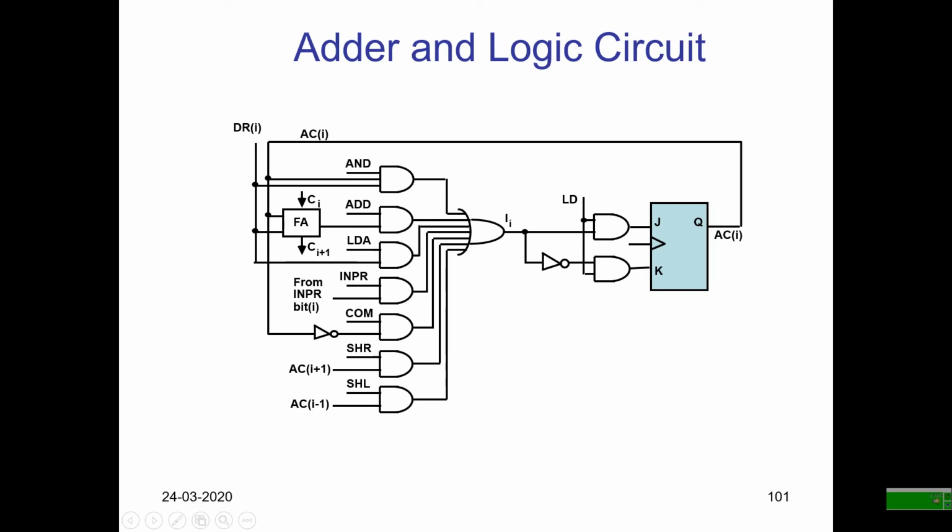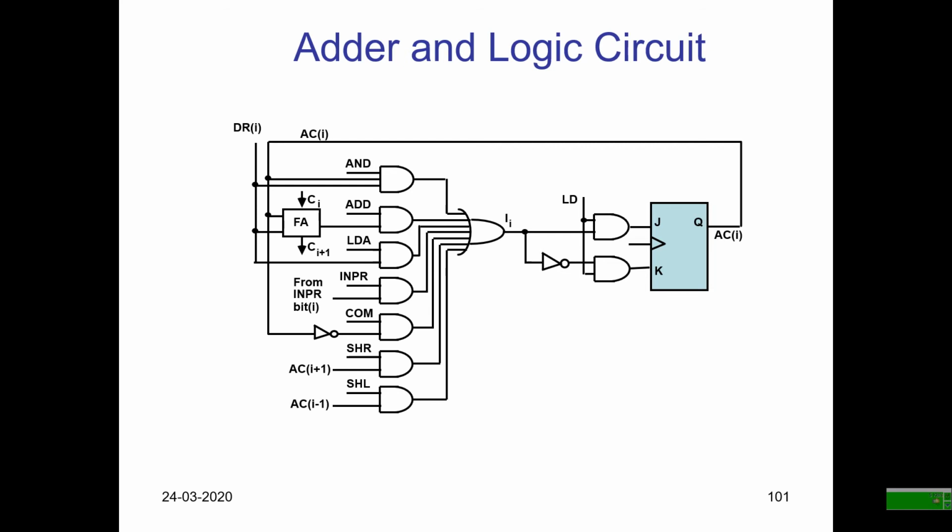The full adder contains three inputs: first is CI, second is the accumulator and third is the data register. According to the 3-bit operation you will get the sum, and the sum goes into the AND operation, and this AND will be loaded into your OR gate.